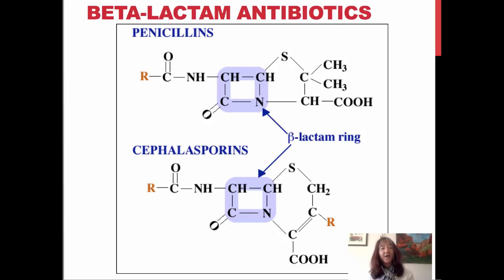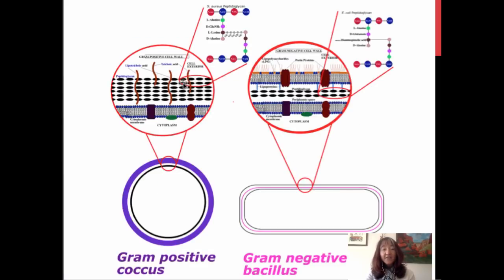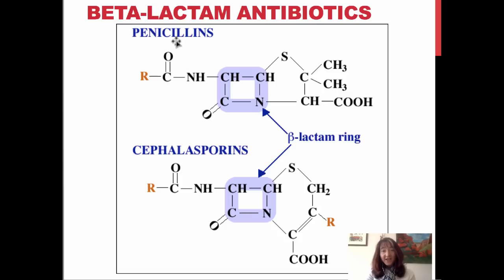They're isolated from the Penicillium mold. And the original penicillins were only effective against gram-positives because of their ability to target that outer layer, and some very unusual gram-negatives. However, later generations of penicillins have been synthetically produced in which this R group is different.